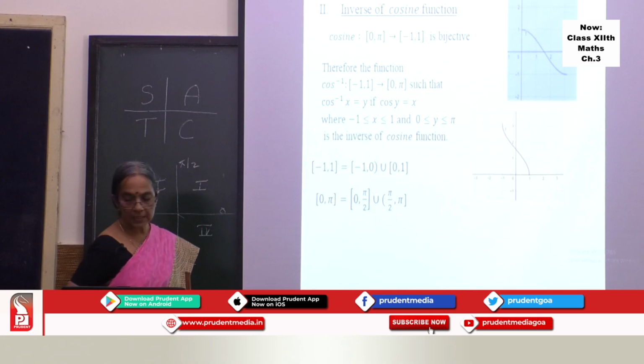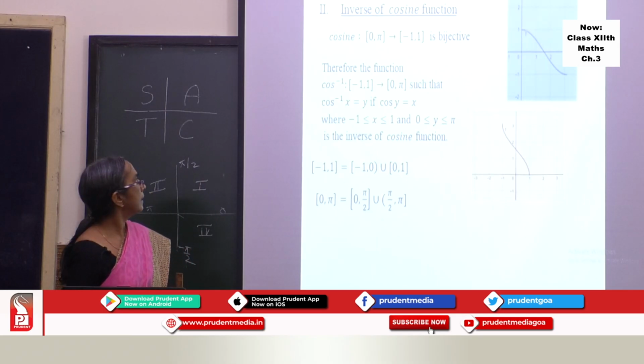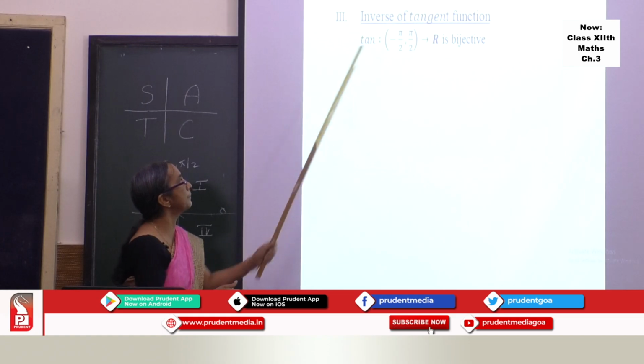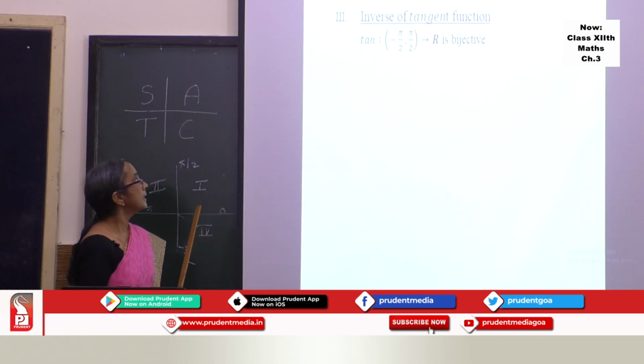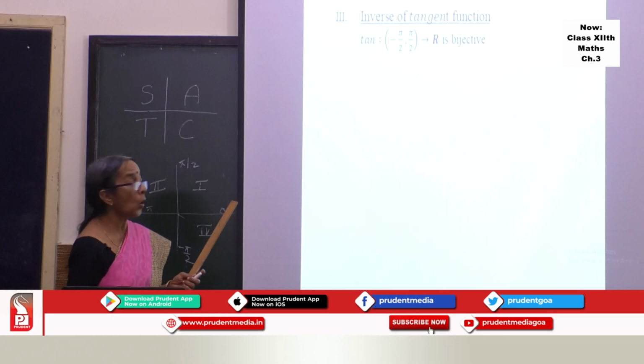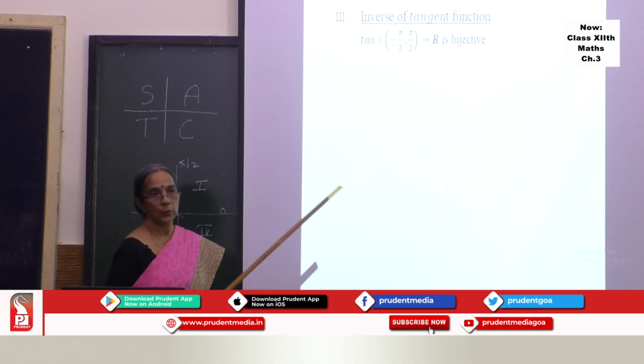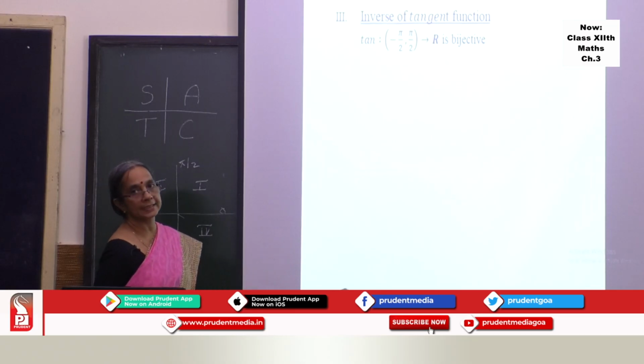Okay, now let us go to the next trigonometric function, after sine and cosine: the tangent function, or tan function, and its inverse. The tangent function from the open interval minus pi by 2 to pi by 2 to R is bijective.